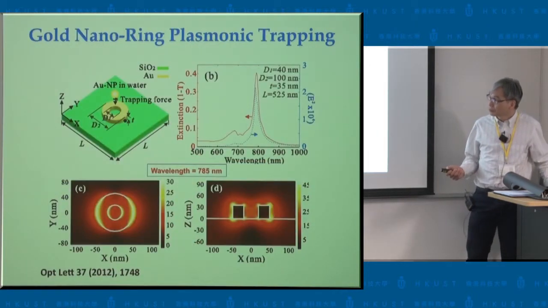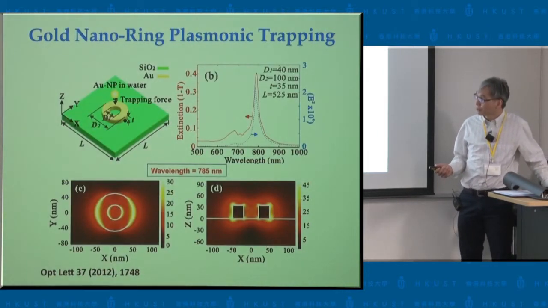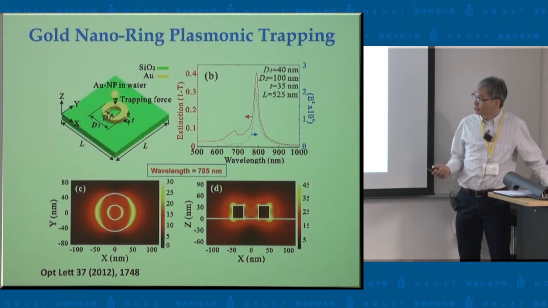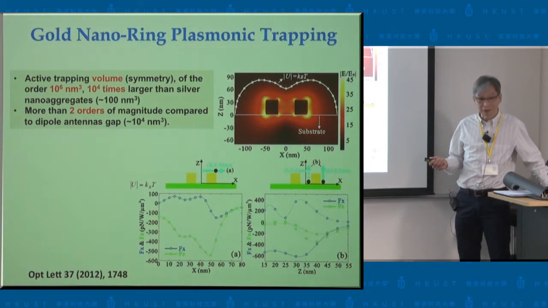And then we also did some work on ring. So we modeled this ring, and we found that this ring resonates with certain radiation. This case, actually 785 nanometer. And then the ring gives you multiple trapping sites. But multiple trapping sites can be good because it gives you very large trapping area volume. Okay? The trapping volume is actually 10 to the 4 times larger than bow tie case.